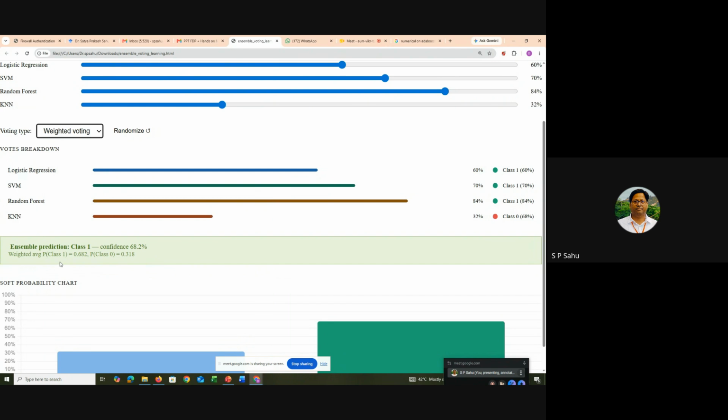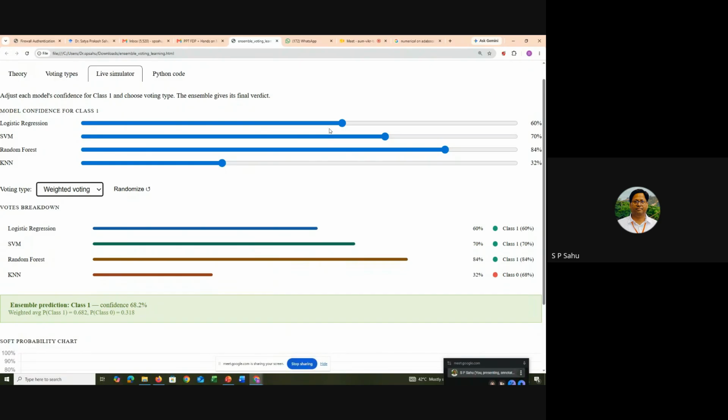So again here, for the good classifier, we are giving random forest as a good classifier a higher weightage. And then let us say 0.5 and 0.4 and whatever, 0.1.